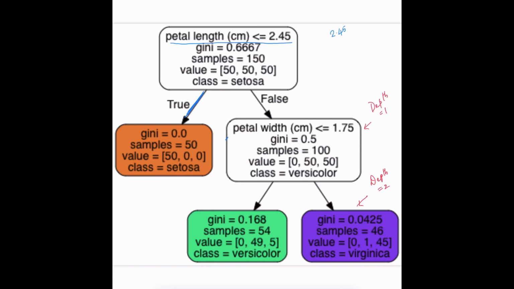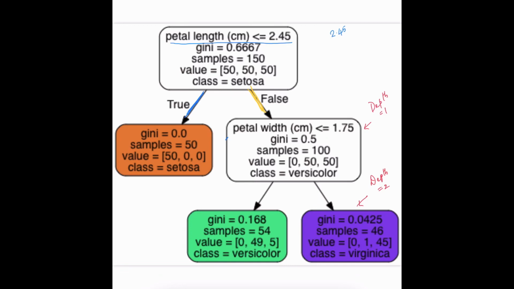And what about petal length greater than 2.45? Those are all going to go in the false route. They're going to go in this path in the tree, right?